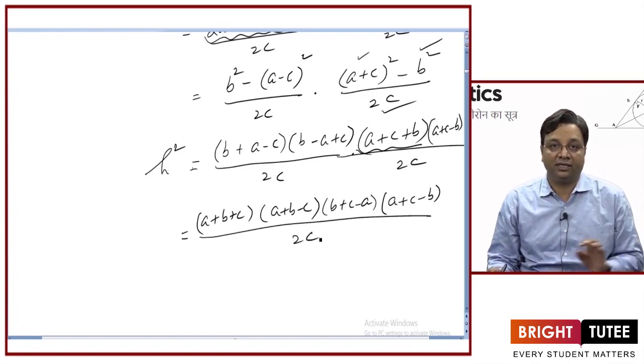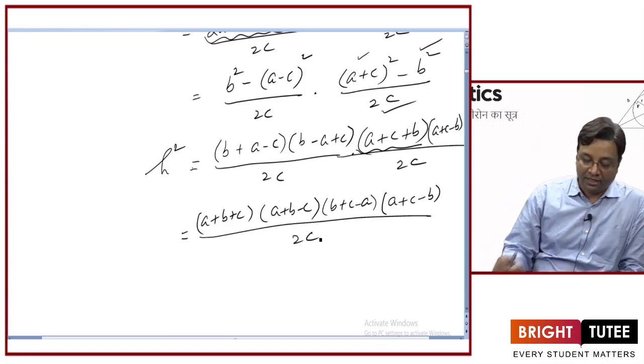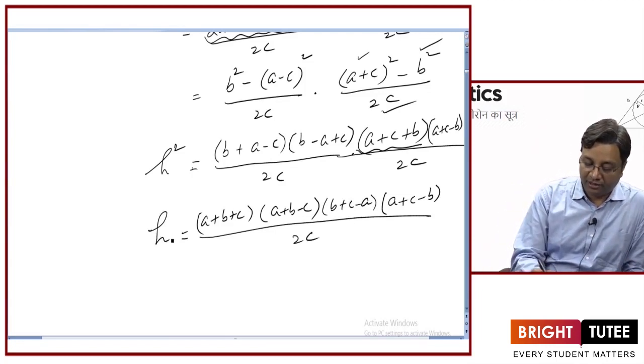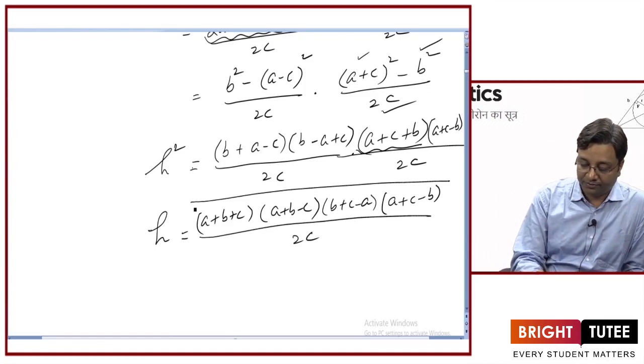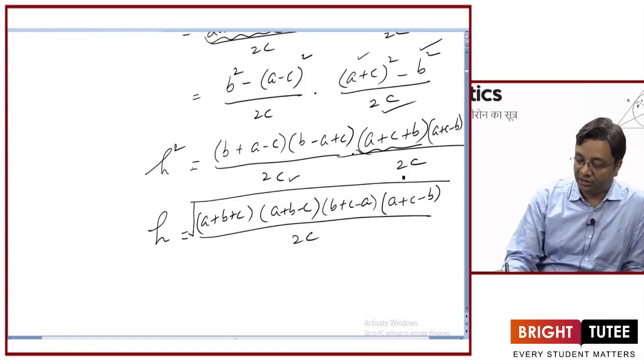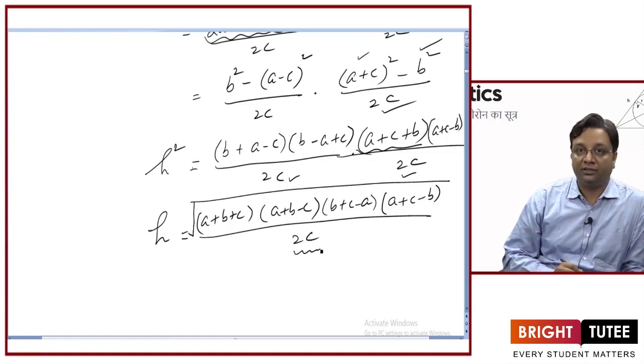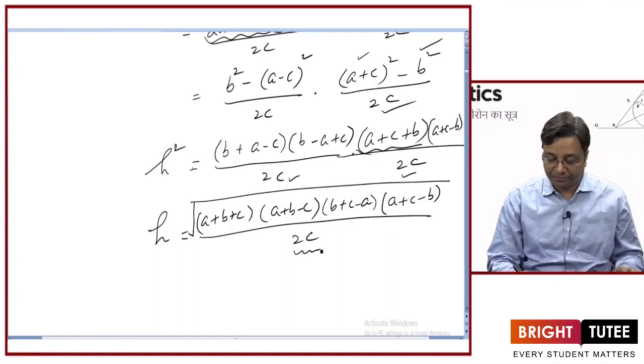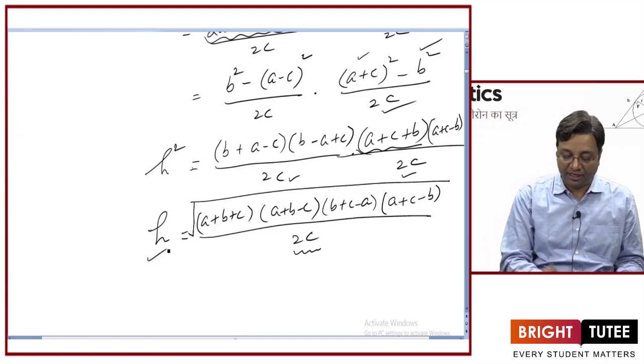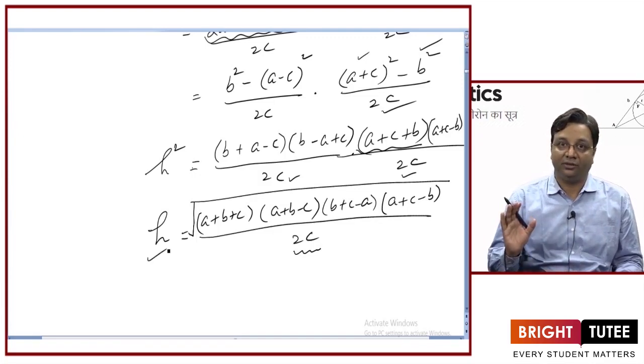So, we have got a certain expression for h square. Now, to find h, I can take the square root, and 4c square becomes 2c. So after taking the square root, I have got h in terms of a, b and c only.